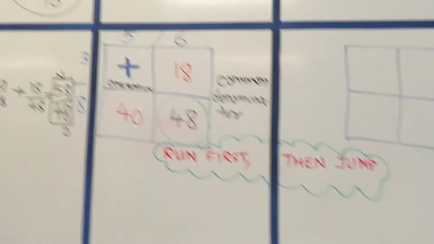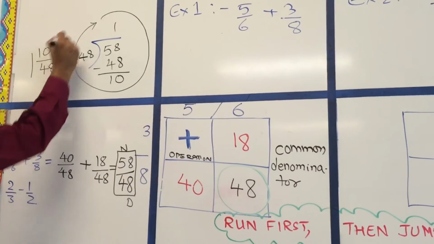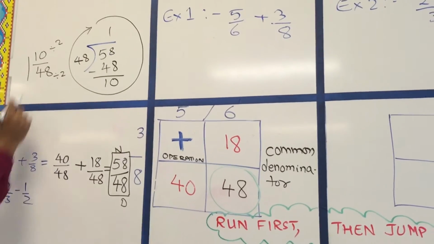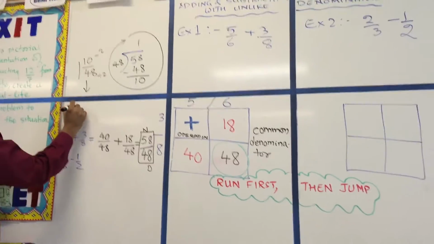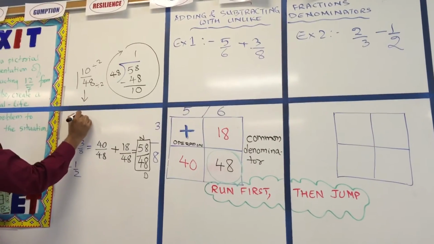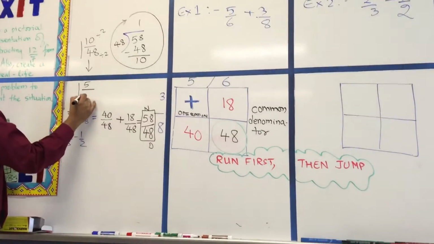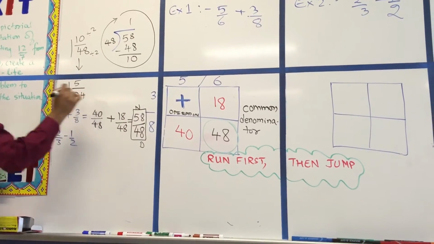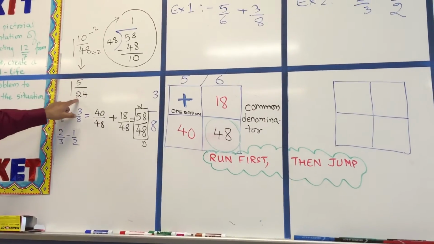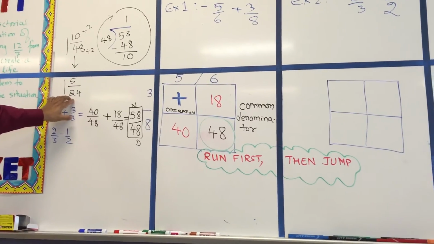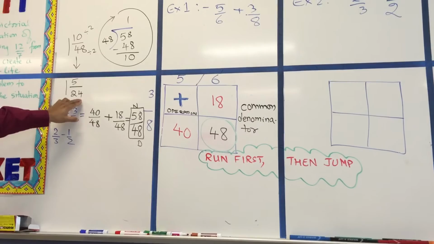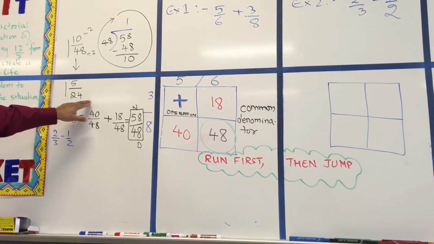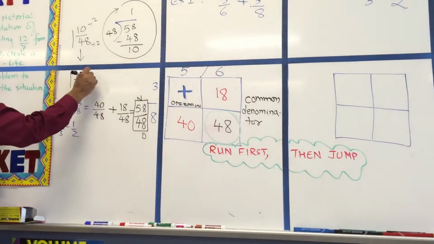Okay, good, because they both go into 2. So this stays 1. 10 divided by 2 is? 5. And 48 divided by 2 is? 24. Okay, Emily, do you think I should go one more time, or is this it? For the 5 over 24, is that simplified all the way? Yes. Yes, good job. Class, you did a great job.